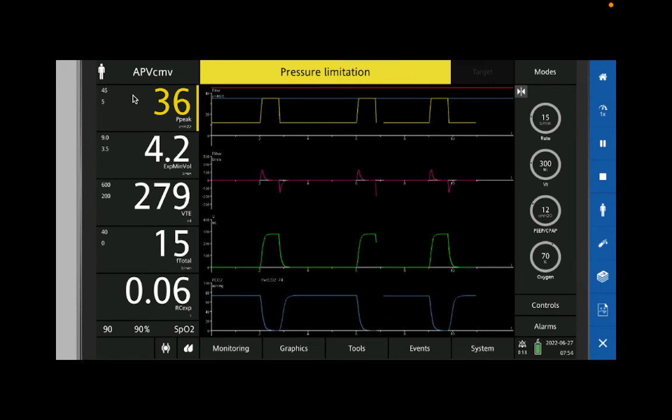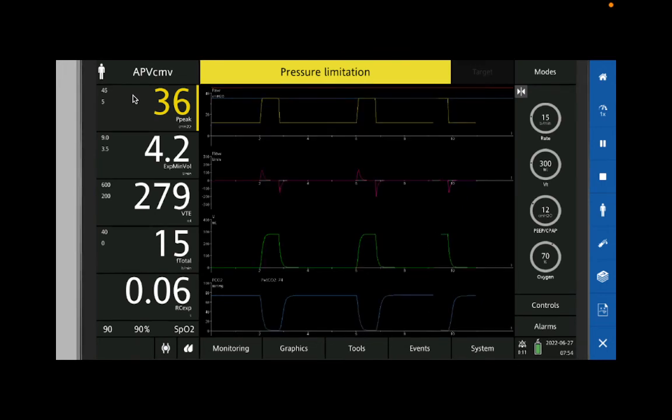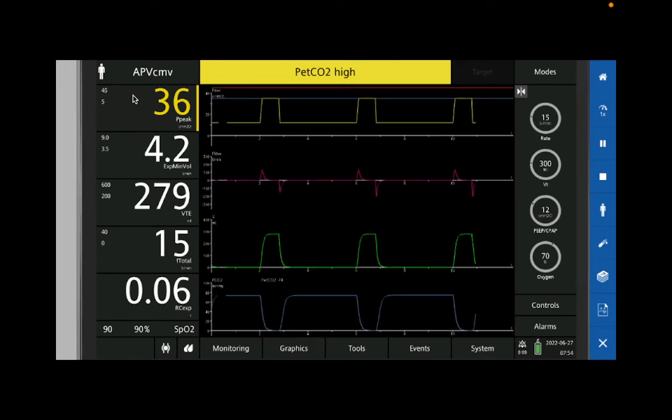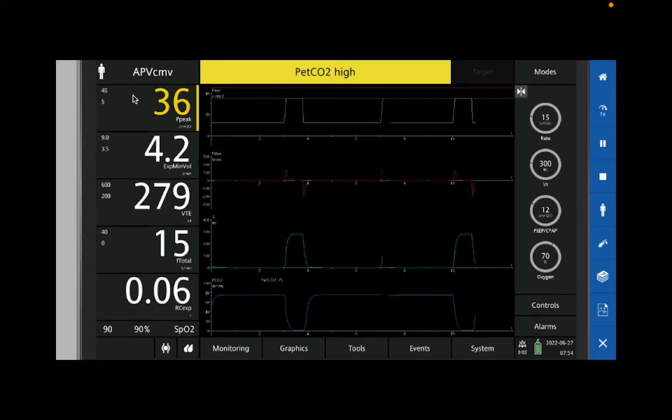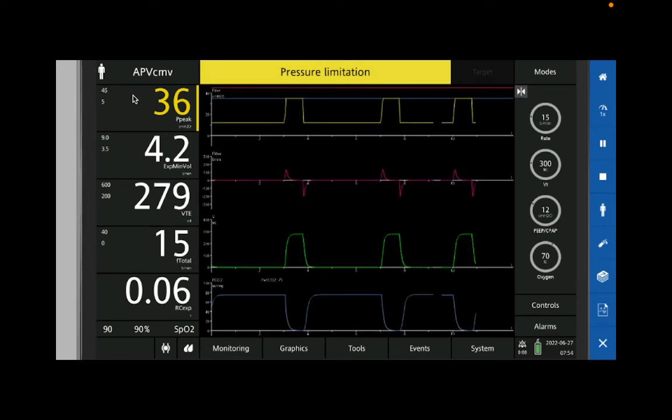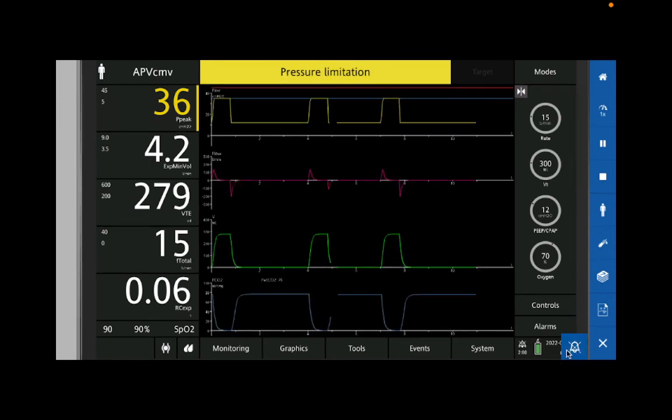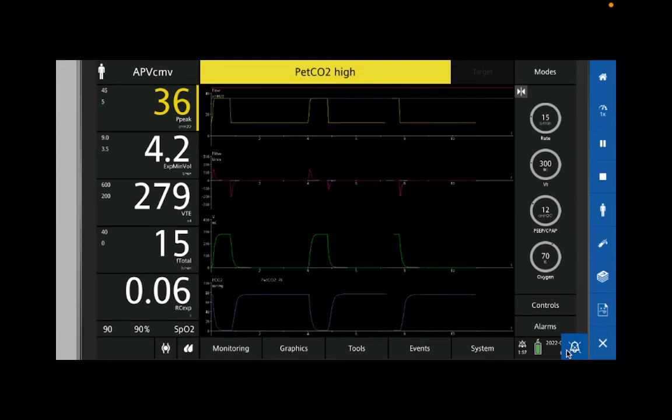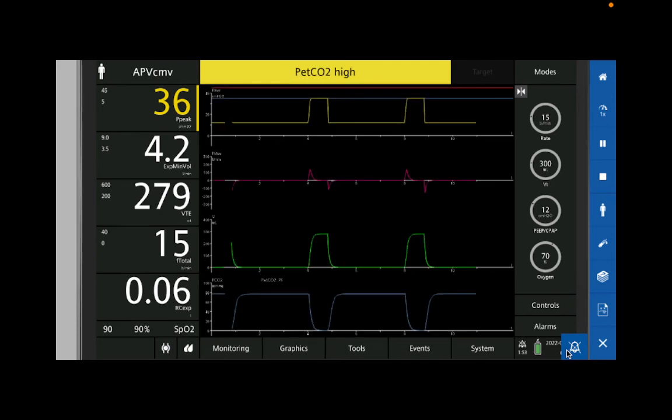Now we've gone up to 12, and that delta is probably still going to be 22, giving us 34, which is close to 36, all right? However, as we recruit more lung areas, what's going to happen to your pressure? Your pressures may come down. And this is why PEEP is actually protective: if you're ventilating an open lung, you shouldn't be using high pressures for too long, okay?